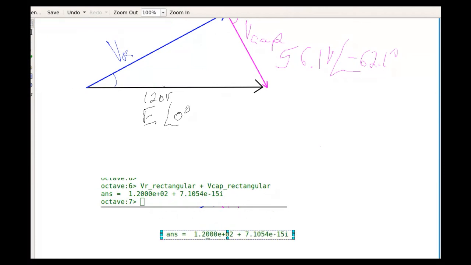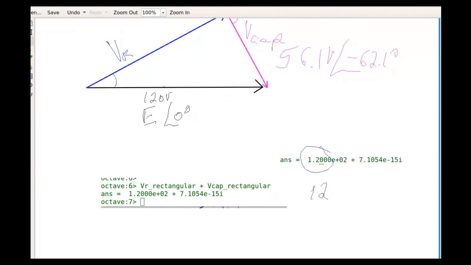This turns out to be 120, and then this value is basically 0. So this is 120 volts, and then this is basically 0. Okay, so we're at 120 and an angle of 0 degrees, which is, of course, what E was.